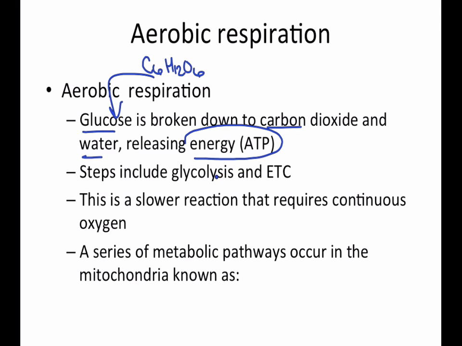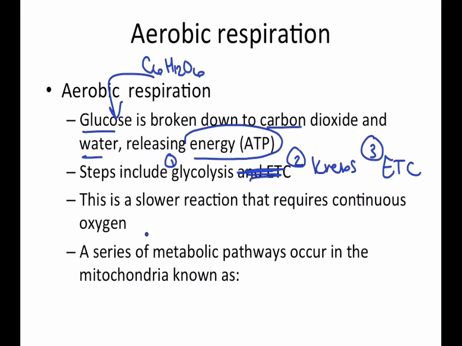So it's releasing energy, and there are 3 major steps to aerobic respiration. So the steps that are included are glycolysis as step 1, the Krebs cycle as step 2, and then the electron transport chain as step 3.